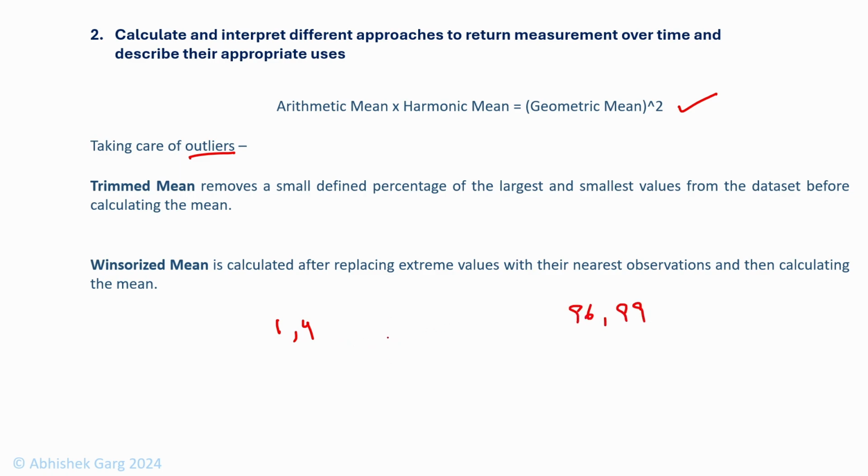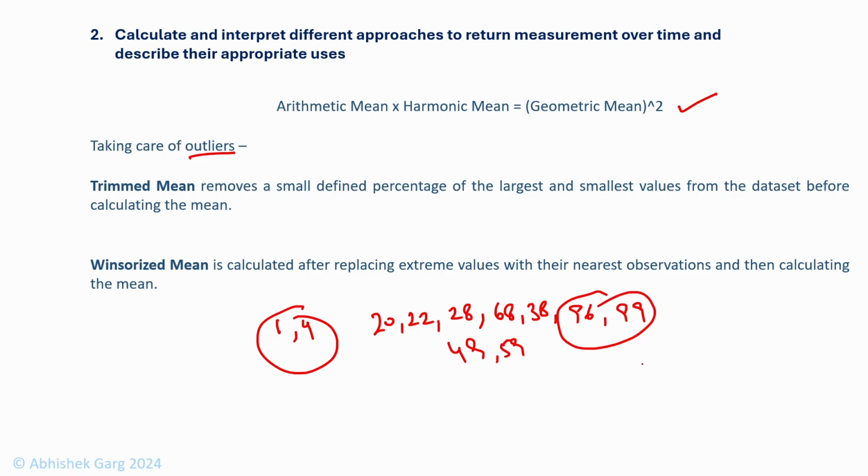And in between these values you have got values like 20, 22, 28, 68, 38, and so on. Now we can clearly see that these two values are outliers on the lowest side and these two values are outliers on the higher side. So in the trimmed mean, we'll simply discard these values and calculate the mean of these remaining 7 values.